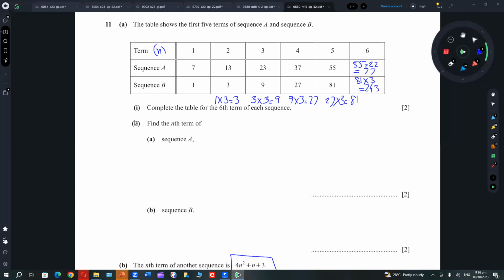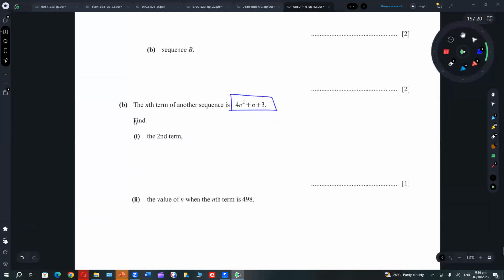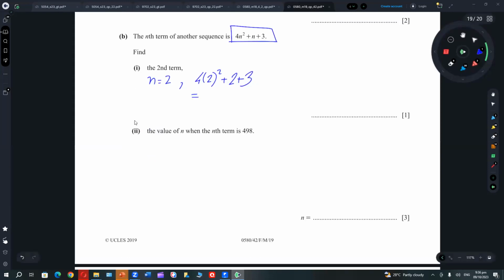Okay, that's good. The nth term of another sequence is this. Find the second term. It's simple, you have to put n is equal to 2 in the formula. So you can solve it.